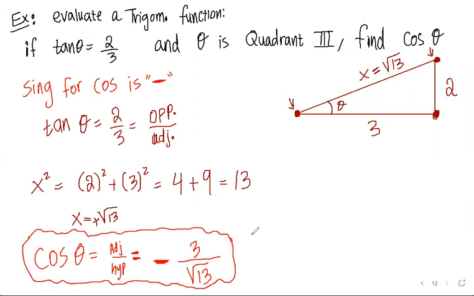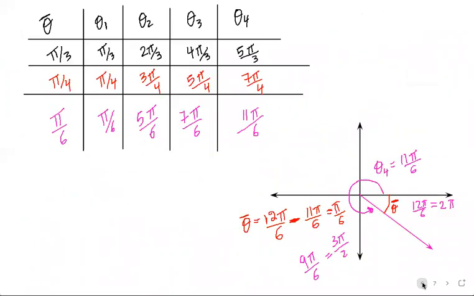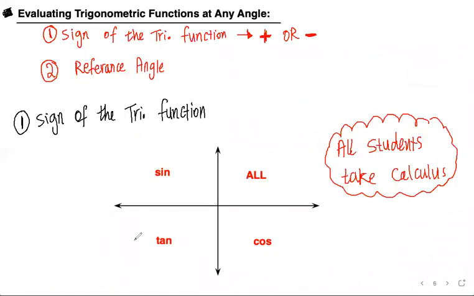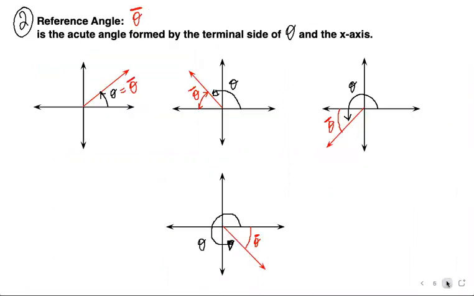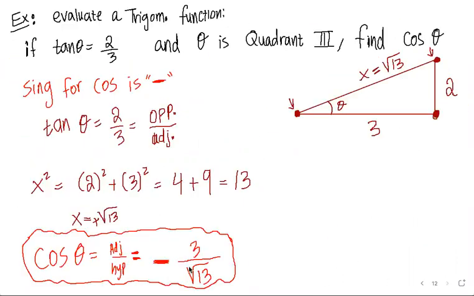And don't forget the minus because it's in the third quadrant. In the third quadrant, the tan is only positive, so the cosine for the third quadrant should be negative 3 over the square root of 13.